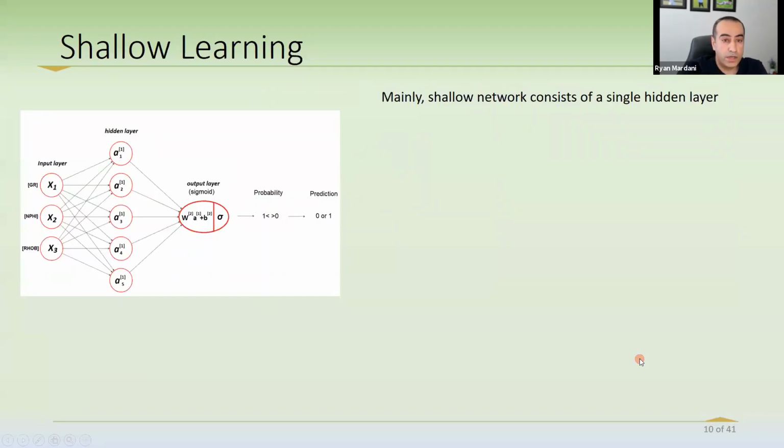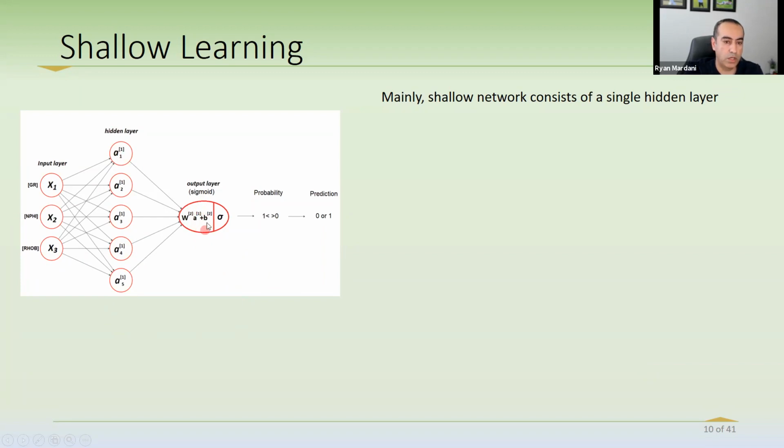Shallow learning. Let's start with shallow learning. It consists of one single hidden layer. For our examples, we have gamma ray, neutron and density as our inputs. We have one hidden layer and an output layer. We need to consider that each node has two operations inside.